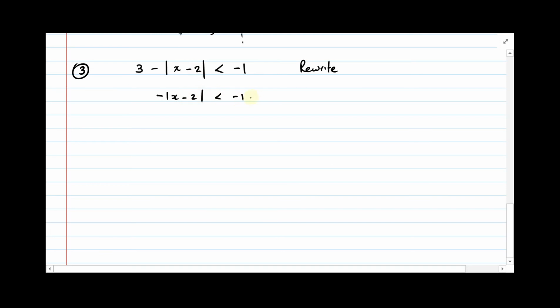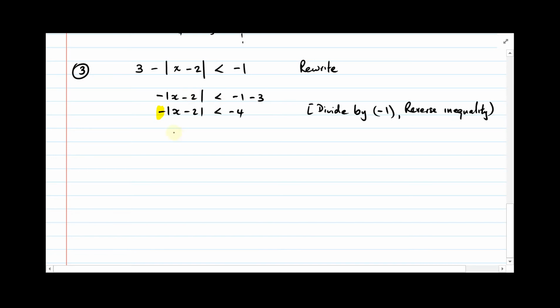I get minus 3, which is minus 4. There is a negative sign here, and I want to get rid of it, so let's divide throughout by negative 1. But if I divide through by negative 1, then this reverses the inequality.